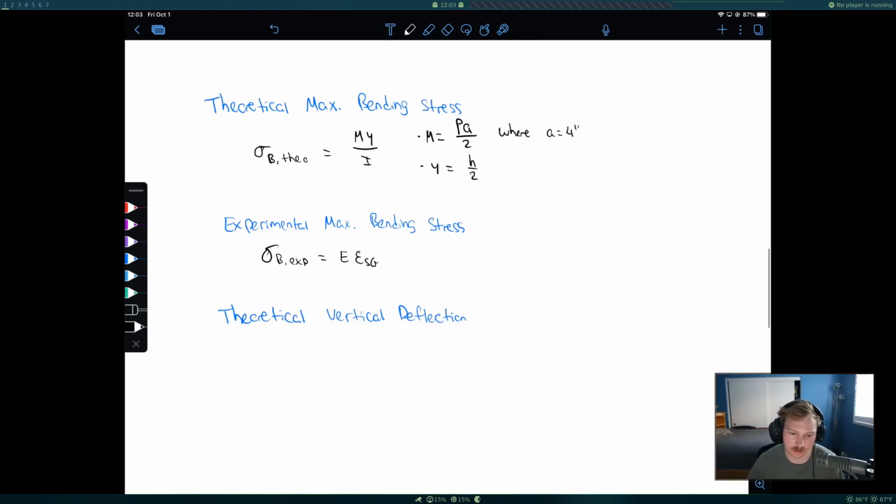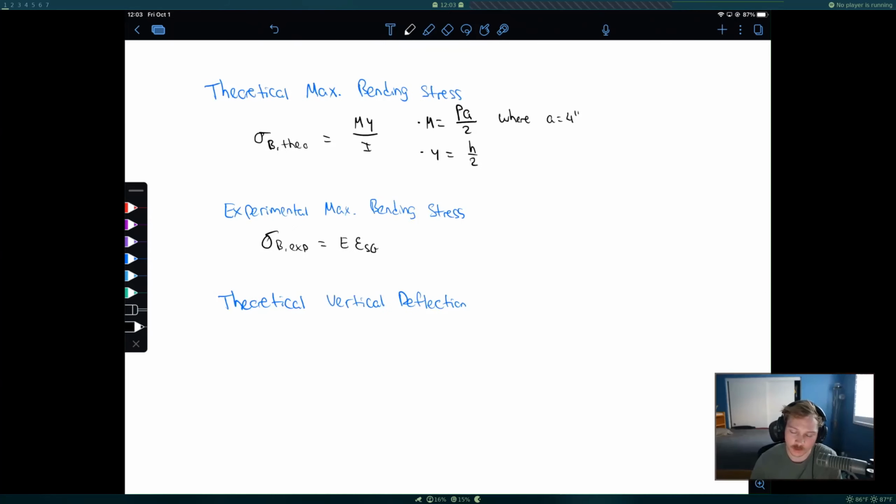It is a theoretical equation. So we're going to write this as delta theo. That's going to be equal to 23 times our load times L cubed divided by 1,296 multiplied by the elastic modulus and the moment of inertia.